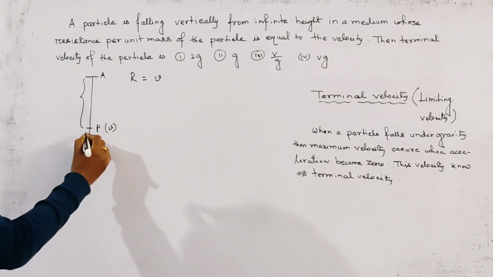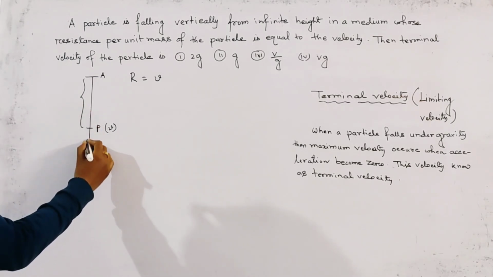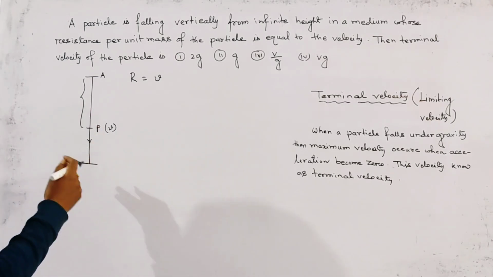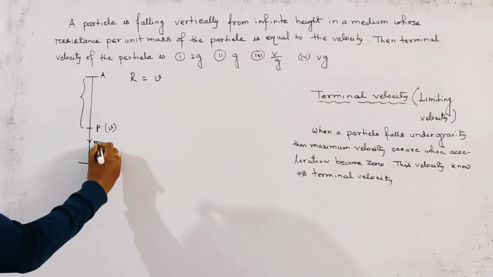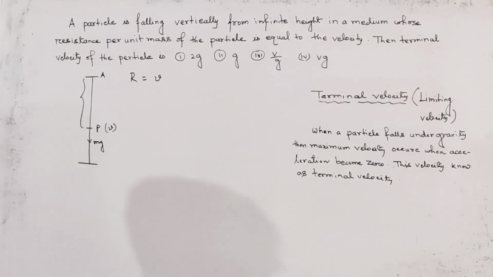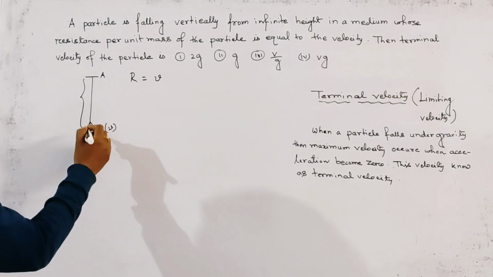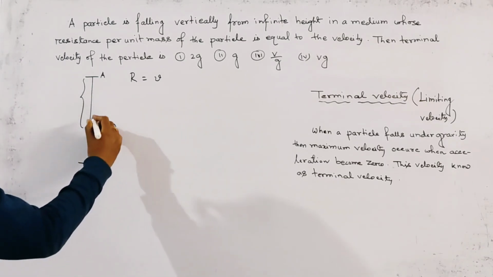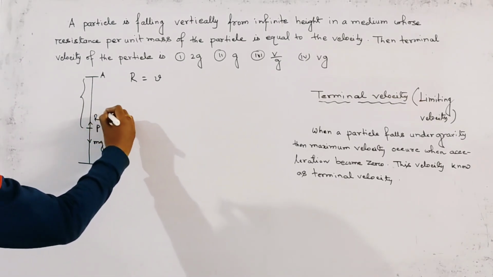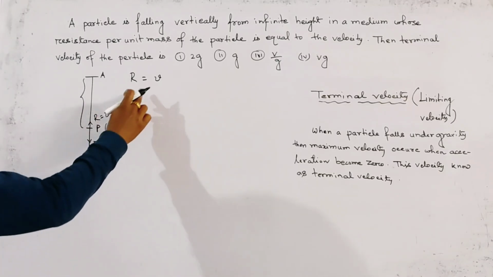Since the particle is under gravity, gravitational attraction mg always acts vertically downwards, and the resistance force always acts opposite to the motion. So this is the resistance force R, which is equal to V, as given in this problem.